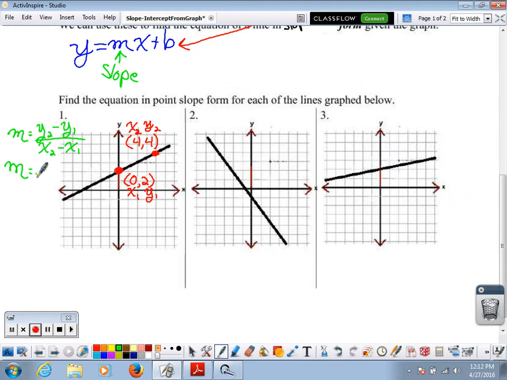So my y2 is 4 minus my y1 is 2 over my x2 is 4 minus my x1 is 0. So I have 4 minus 2 is 2 over 4 minus 0 is 4, which means the slope is 1/2.